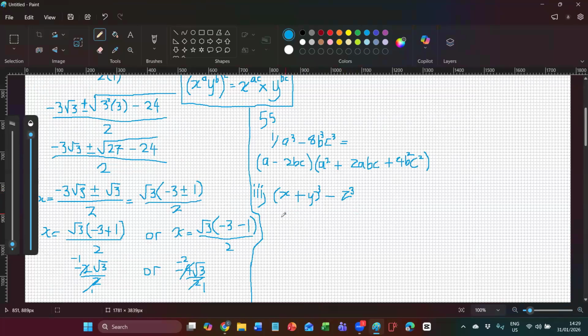Let's see. So again, this one is going to be them first without powers. So that's going to leave me with x plus y, right? Yes. Without any power, that's going to be minus z.